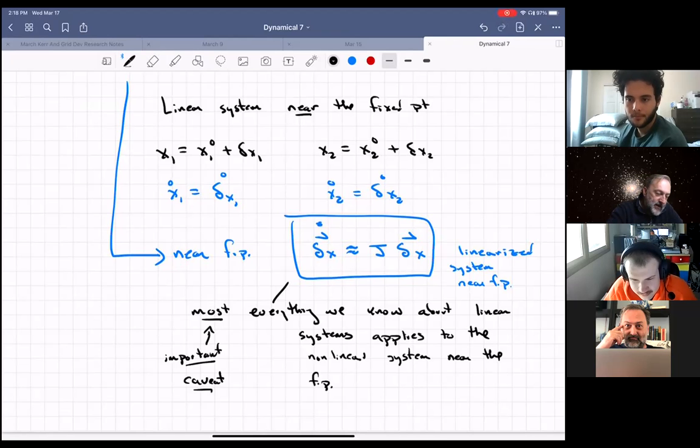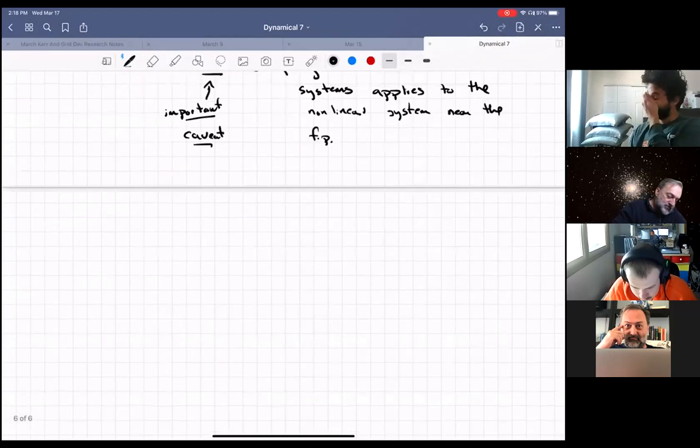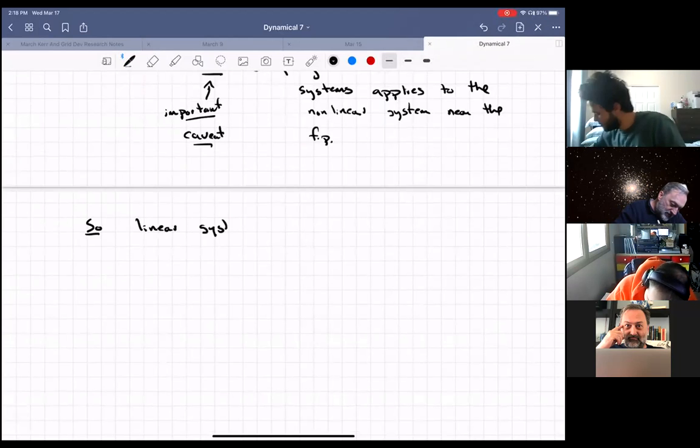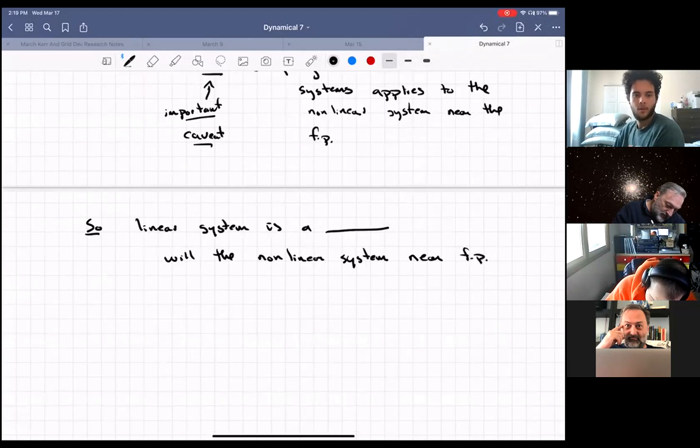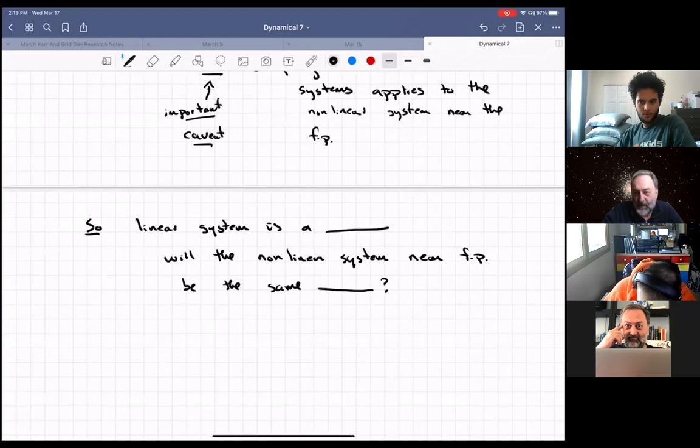And the answer to whether or not the nonlinear terms are important: if the linear system is a blank, will the nonlinear system near the fixed point be the same blank? Is the question that we're trying to get at, right?